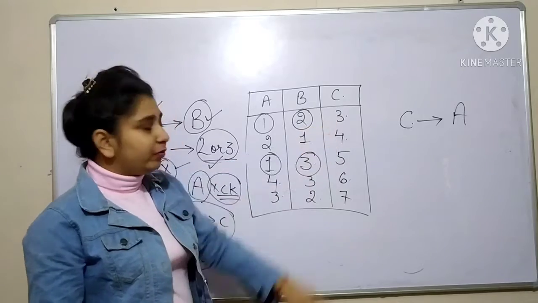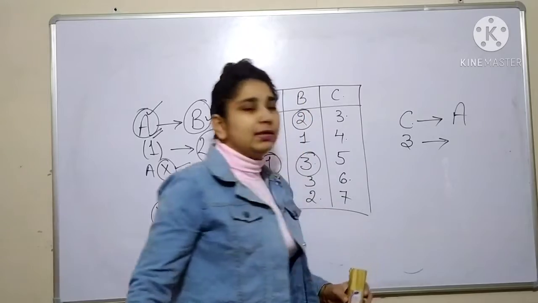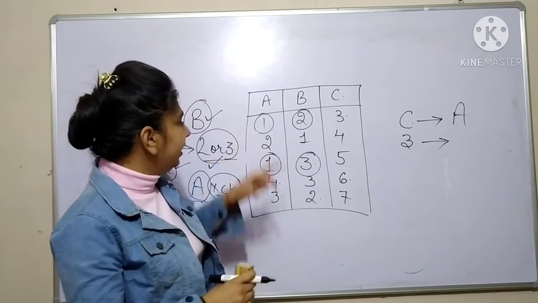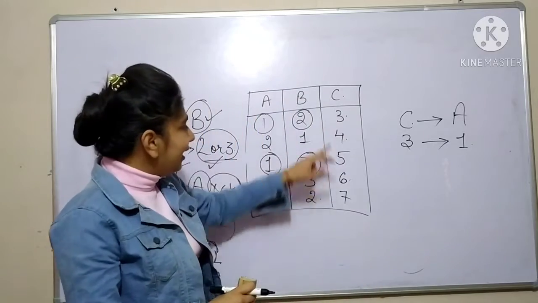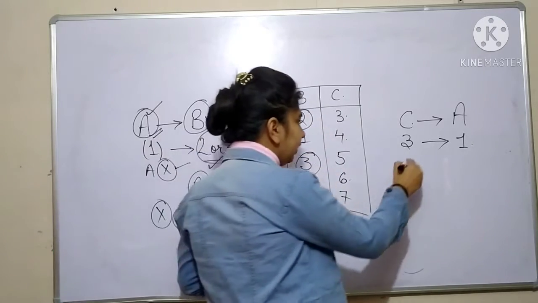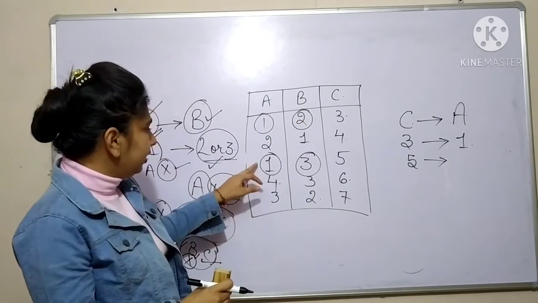If you are given the value of C as 3, what is the corresponding value of A? 1. If you are given the value of C as 5, what is the value of A? 1.